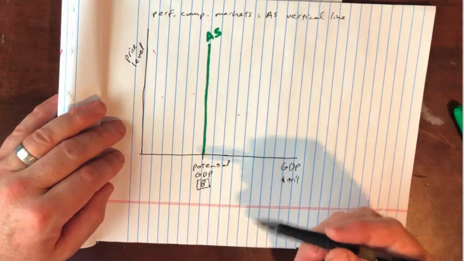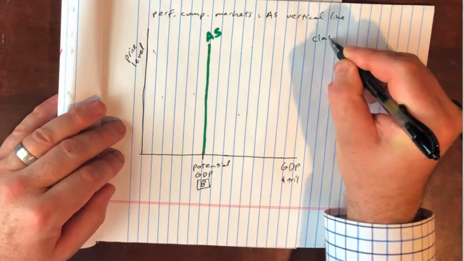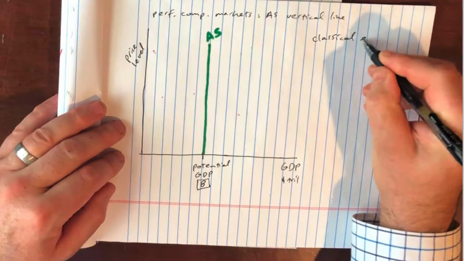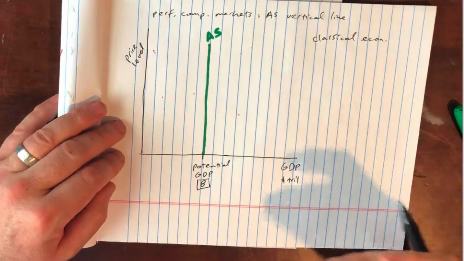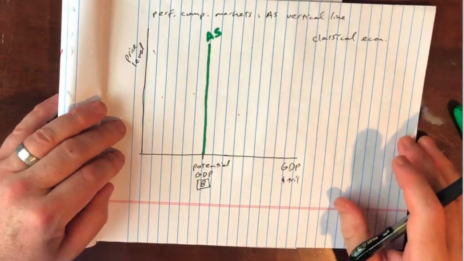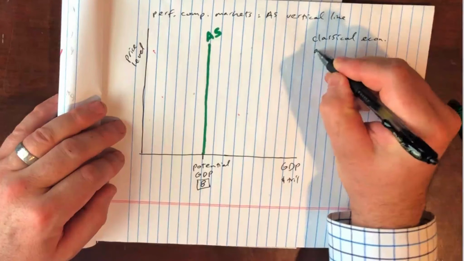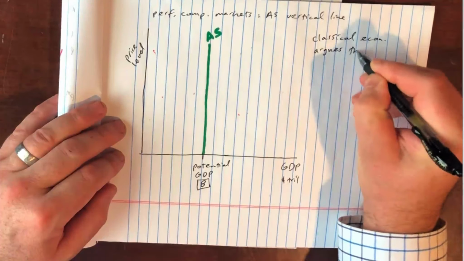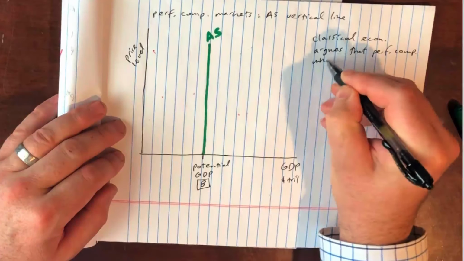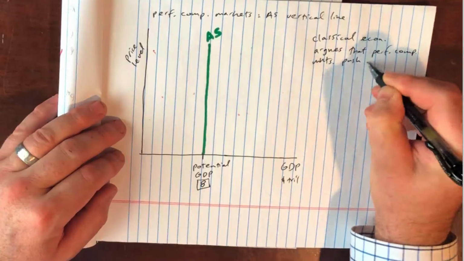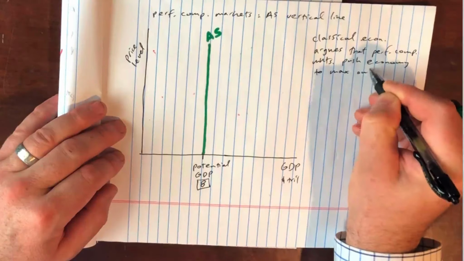So the classical or the neoclassical economics, this is what we're talking about. The reason that this is called classical is because it's the economics that goes back to Adam Smith, David Ricardo, and so forth. So classical economics argues that perfectly competitive markets push the economy to the maximum level of output.